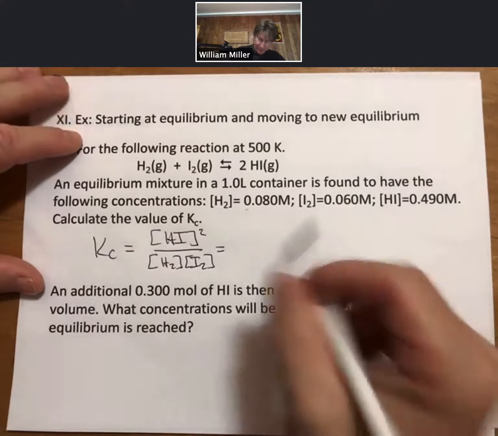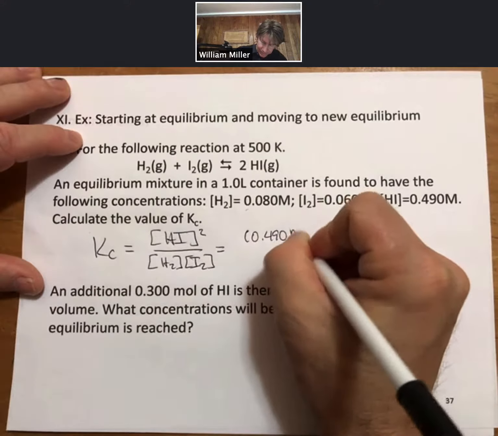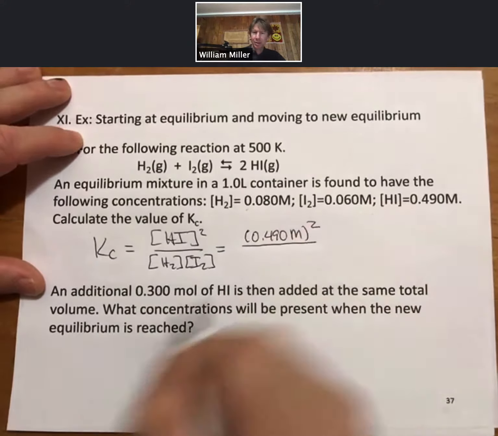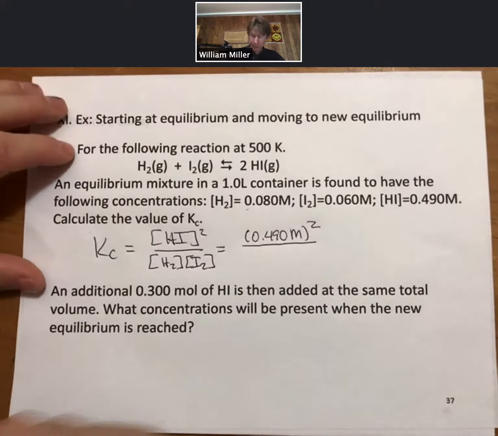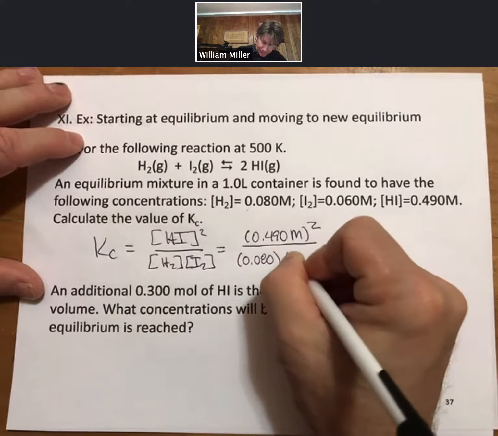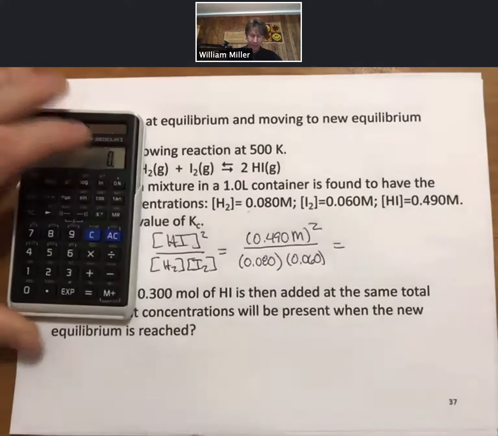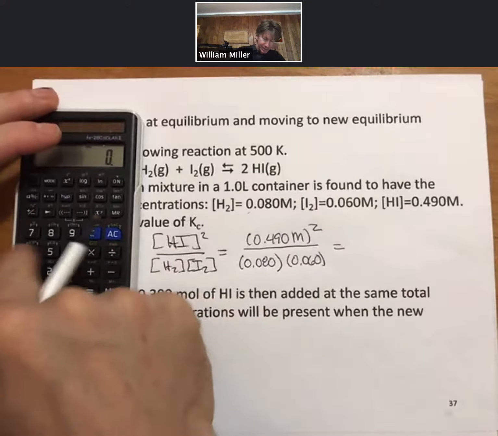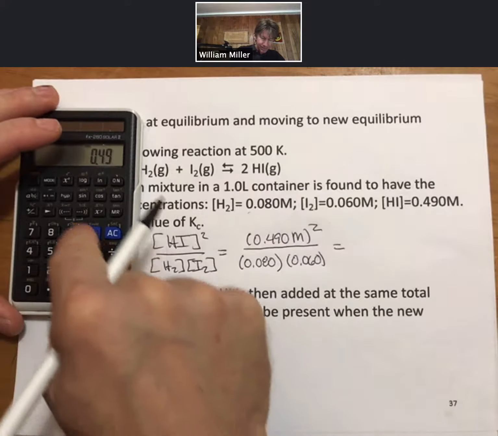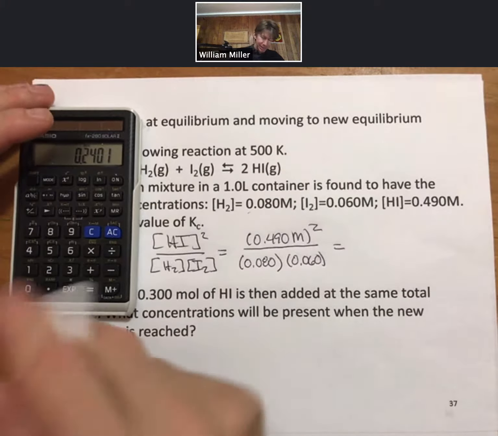So HI, that number is going to be squared. And then we have two different concentrations. And I'll leave out my units because as much as I love units, units are not used in K expressions.